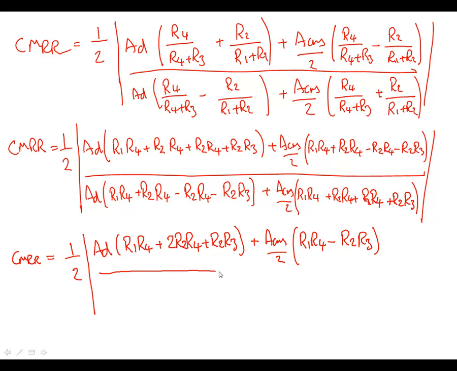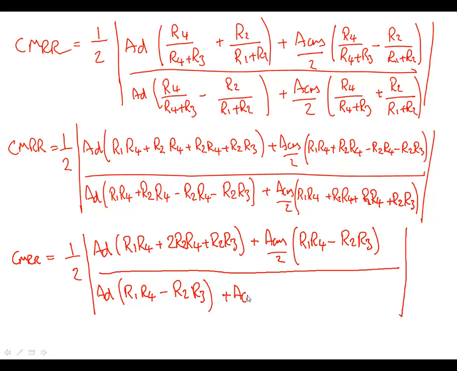And we divide that by AD. In this AD here, because we've got the negative, we've got the cancelling here, so we've got R1 R4 minus R2 R3 plus ACM over 2, and in this case it's not going to cancel.